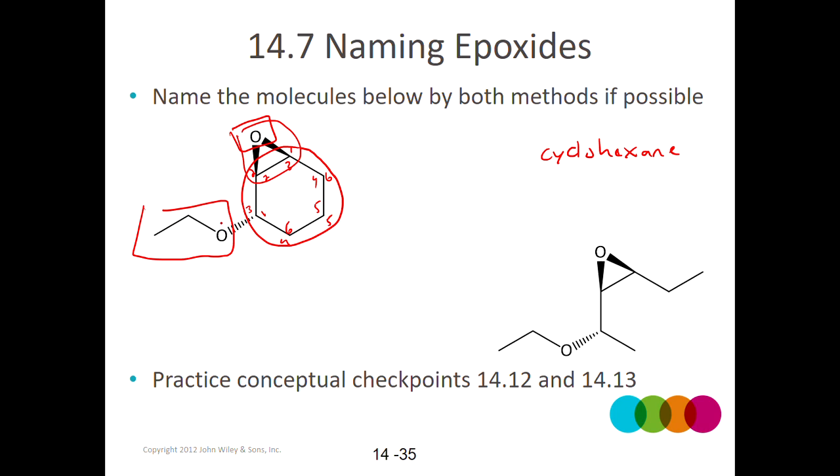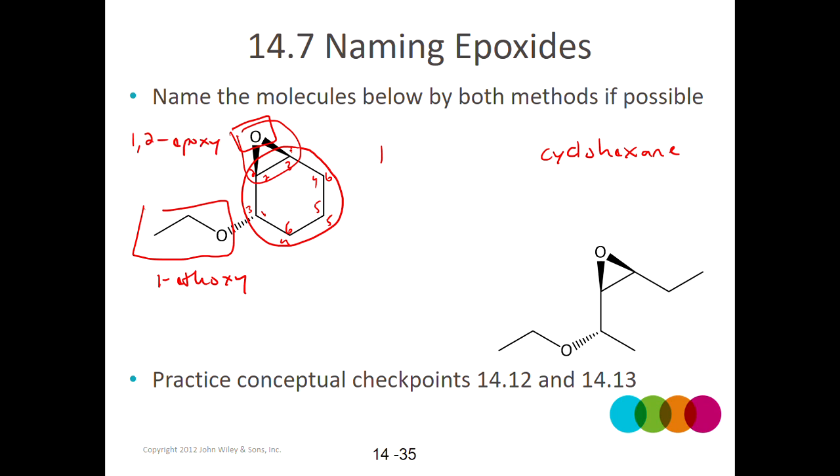I've got this group on carbon 1. Carbon 1 has an oxygen with an ethyl, so that's an ethoxy. One ethoxy. And bridging carbons 1 and 2, I've got a 1,2-epoxy.